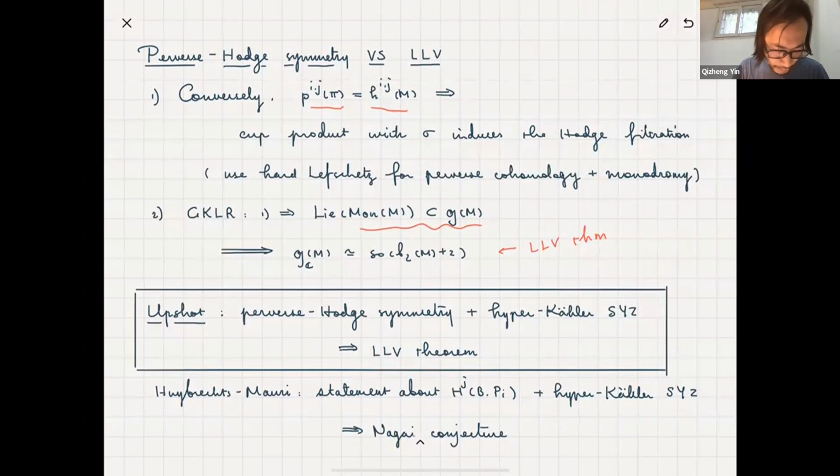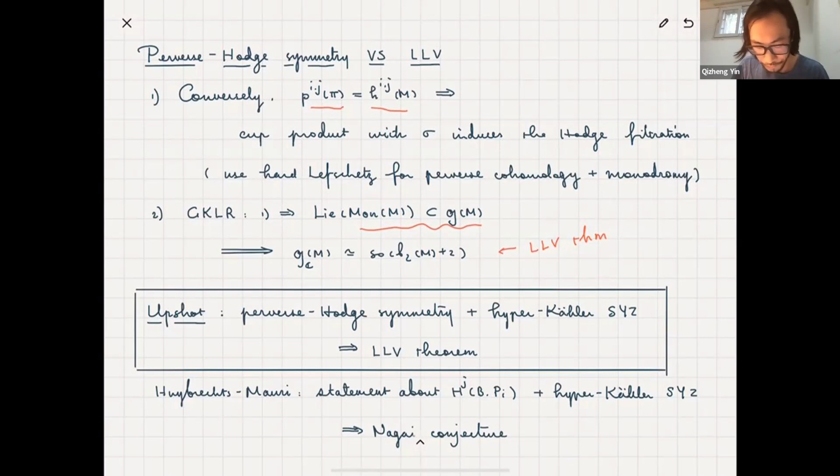So the upshot is, if you start with the Lagrangian fibration, and if you're able to show P_ij equals H_ij, then you will be able to reprove the LLV theorem without any hyperkähler metric at all.